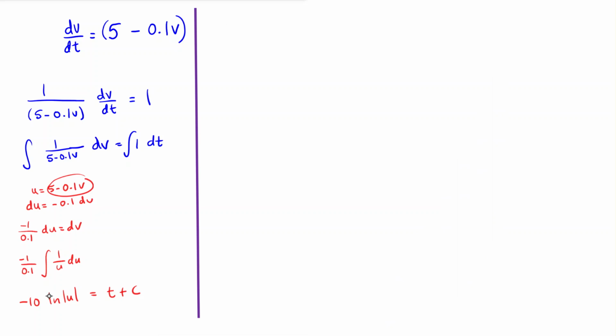At this moment I'm going to divide both sides by our negative 10 as well. Dividing our constant of integration c by negative 10 isn't going to change the fact that it's an undetermined constant, so we can just leave it as plus c. No need to write it as minus c over 10.